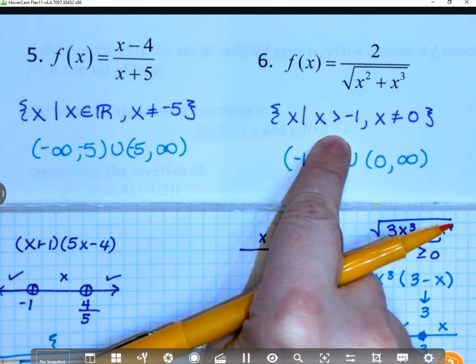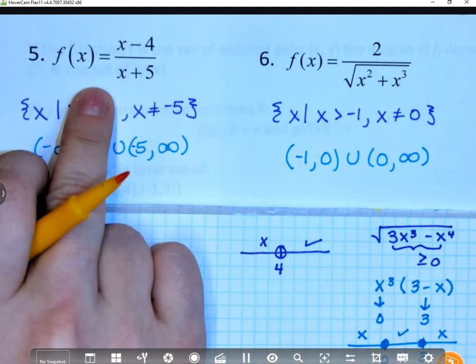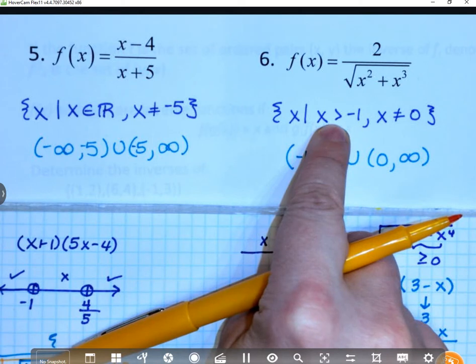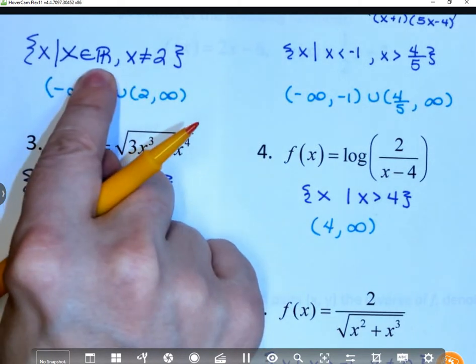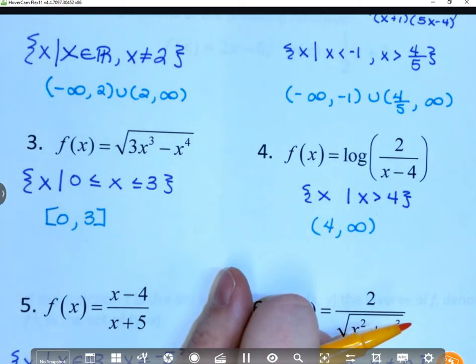Right, right. Like this one can't equal 5. You just have to tell me what it can be. This is what you're telling me what it can be. So you're already giving me something to look at. Okay? So if I have just a can't be, I need the all real numbers. Anything else, I don't need the all real numbers. Okay?